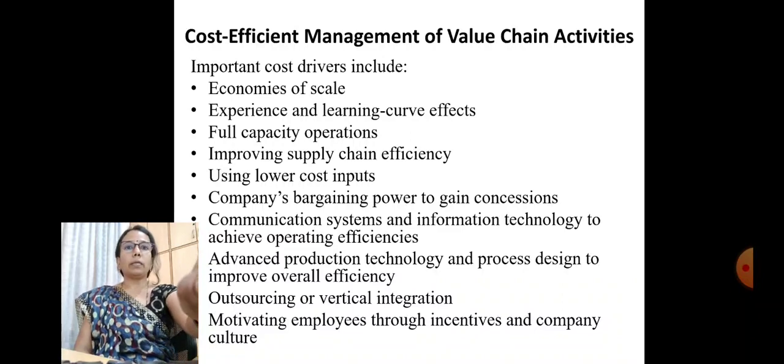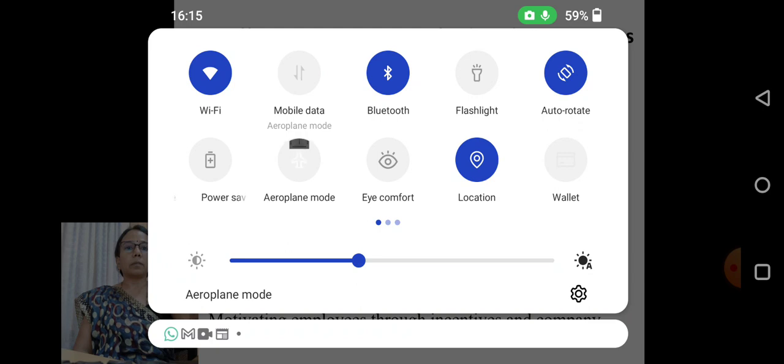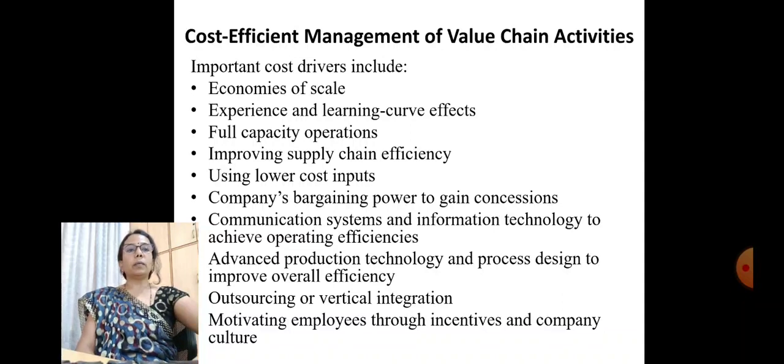The second one, experience and learning curve effect. The cost of performing an activity can decline over time as the learning and experience of company personnel builds, through mastering new technology, installing more efficient plant layout, and speed and effectiveness in building new plants, retail outlets, distribution centers.